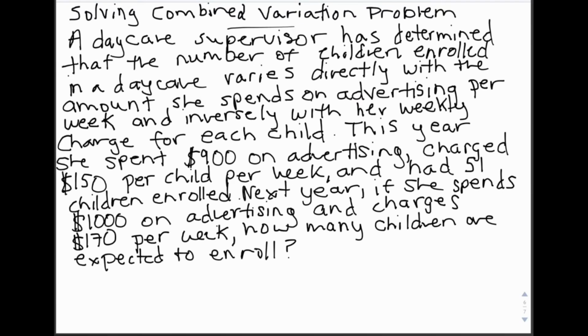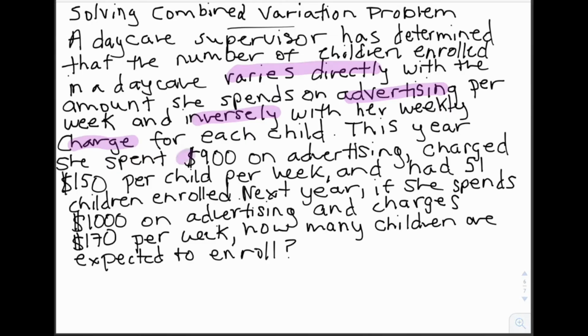Solving a combined variation problem. A daycare supervisor has determined that the number of children enrolled in a daycare varies directly with the amount she spends on advertising per week, and inversely with her weekly charge per each child.